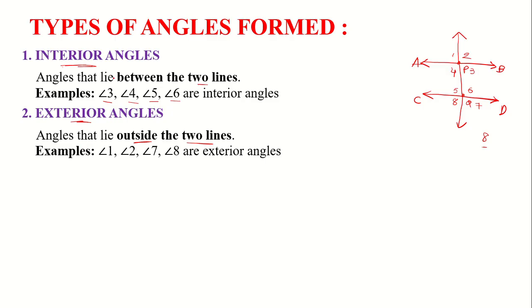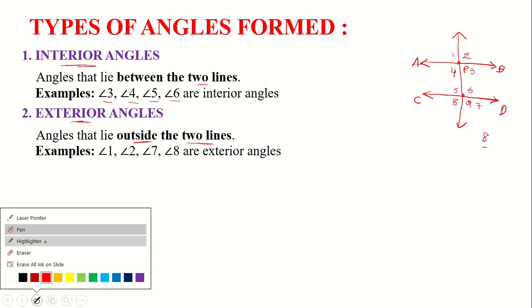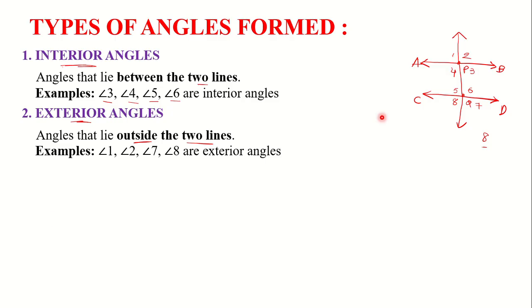So interior angle is an angle which lies inside two lines and exterior angle is an angle which lies outside the two lines. As you can see here, which are the angles that are lying outside the lines? Yes, they are angle 1, angle 2, angle 8 and angle 7. These angles are lying outside the lines.